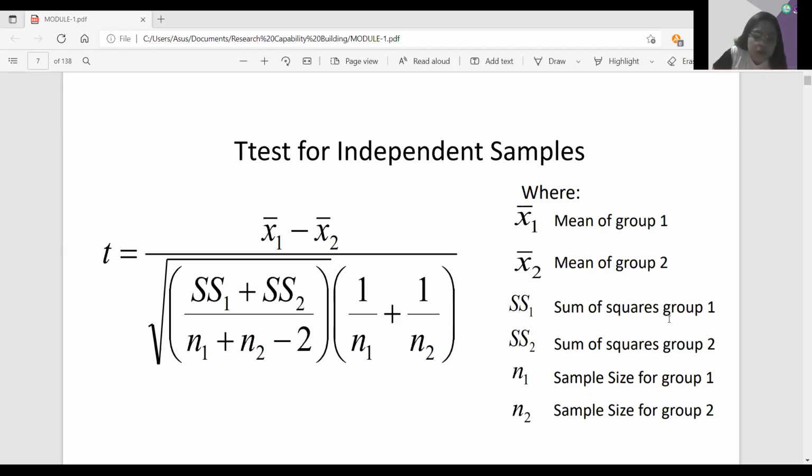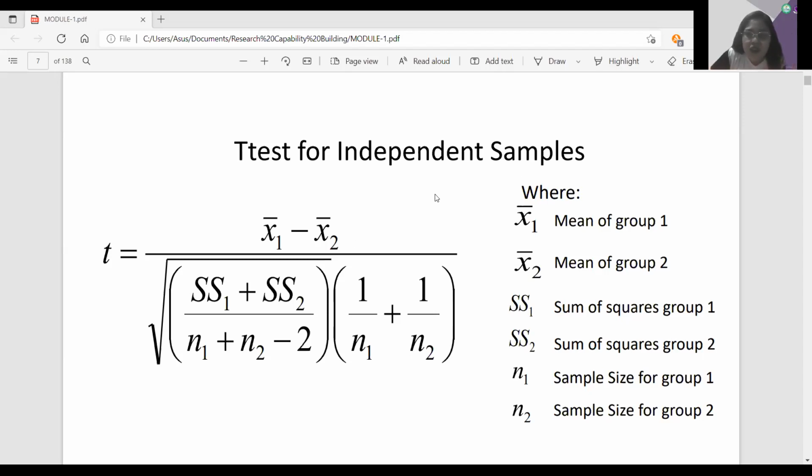Isa-square muna natin lahat ng scores of the group 1 and then i-add natin. That's SS1. And SS2 is the sum of squares ng group 2. Divided by N1, the sample size for group 1. Kung ilan lahat, kung 100 yan ang respondents mo, 100 din dyan. And another 100 din sa N2.